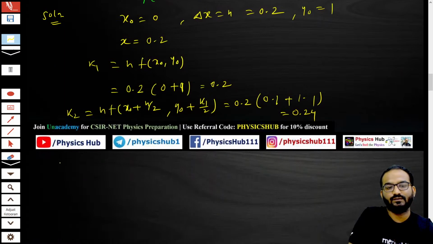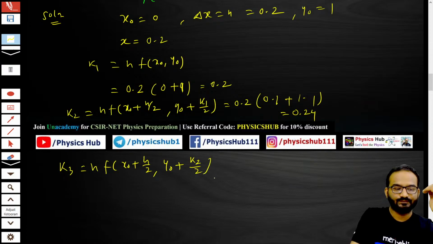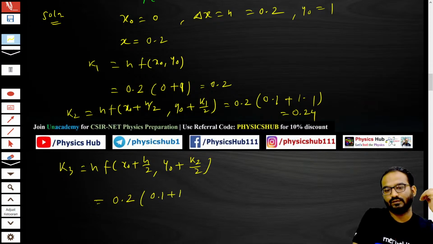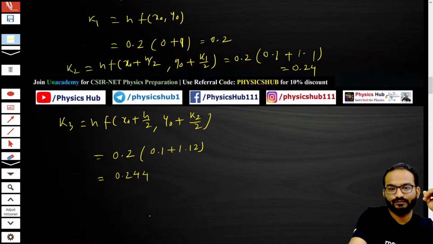Let's calculate the value of K3. K3 is equal to h into f of x naught plus h by 2, y naught plus K2 by 2. Okay. So this will give you 0.2, and this is as usual 0.1, and this will be 1.12. And if you calculate this, you will get how much? 0.244.